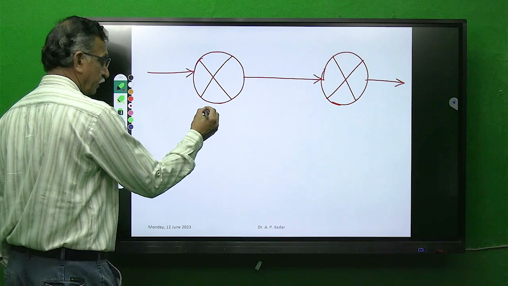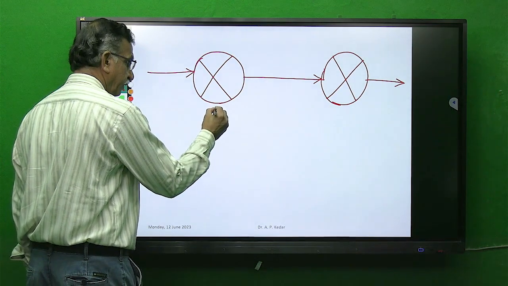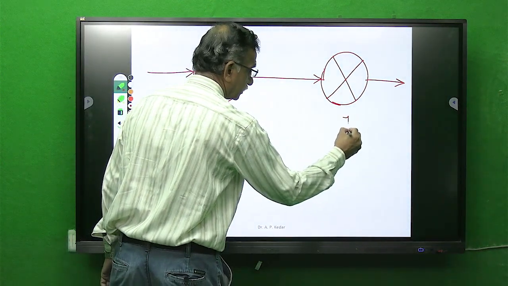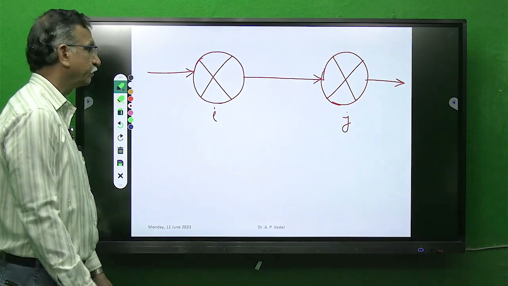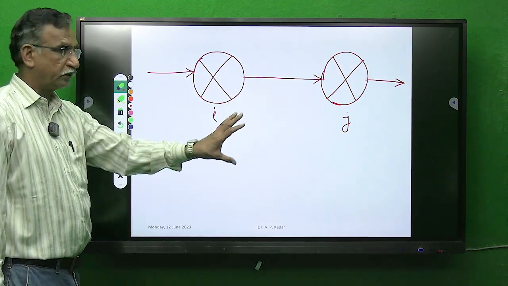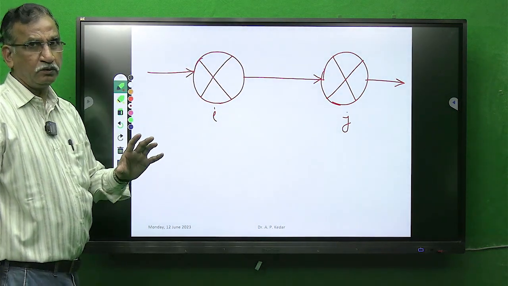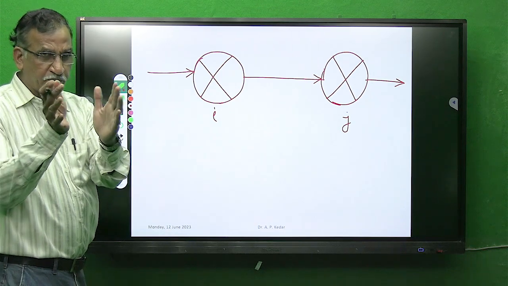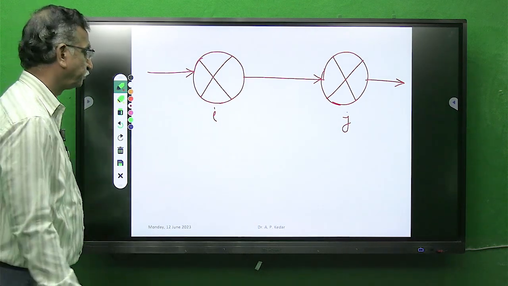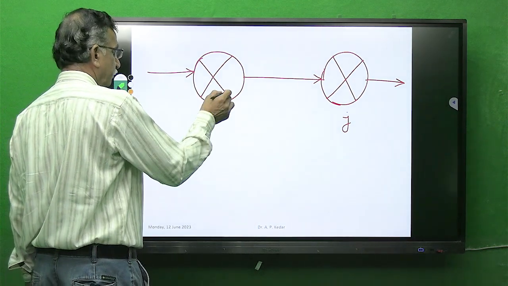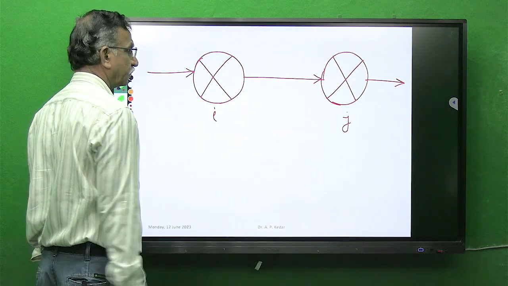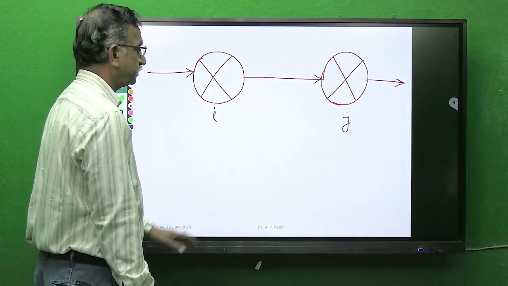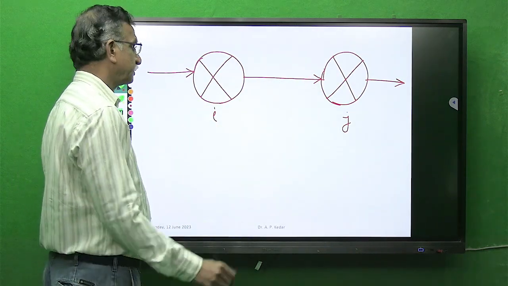This is the ith event, and this is the jth event. I have taken an in-between part from any network, and this is the activity under consideration.